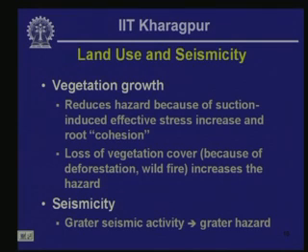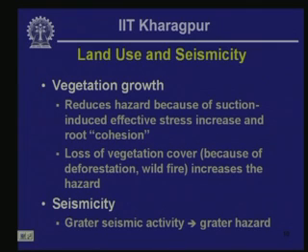And as you know from the discussion that we had on effective stress, because of suction the effective stress is going to increase, and because of the increase in effective stress you are going to get an increase in the shear strength within frictional material. This particular aspect is also supplemented by root cohesion that we have already looked at.